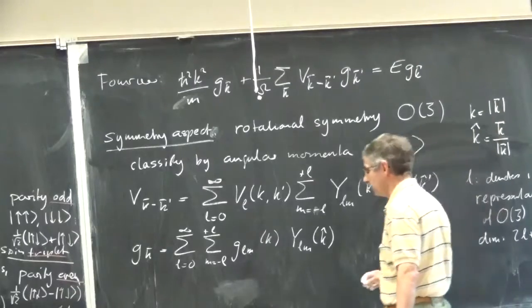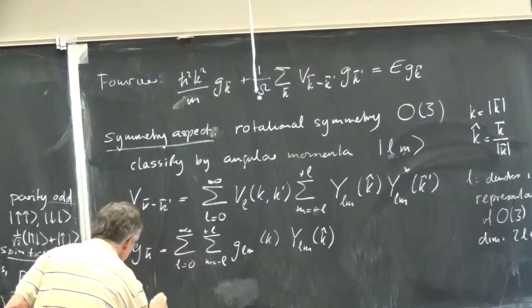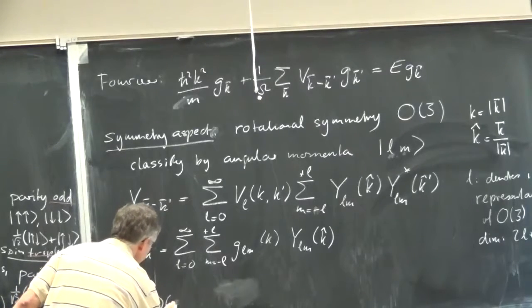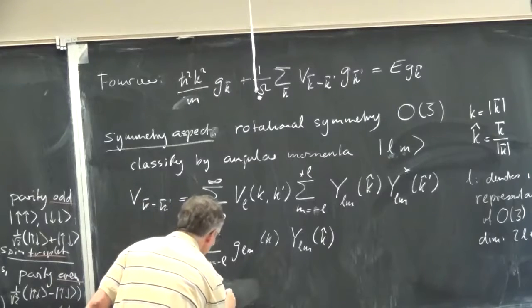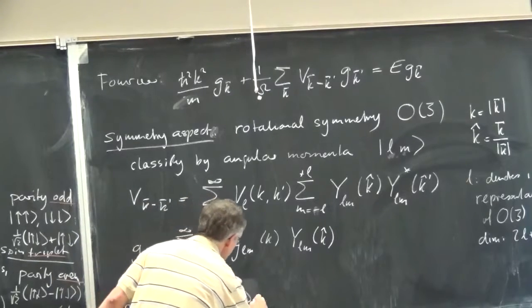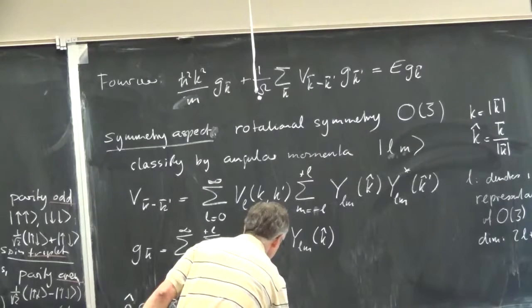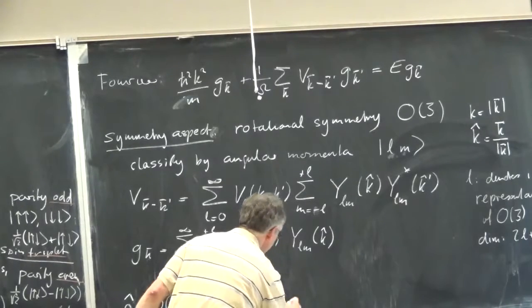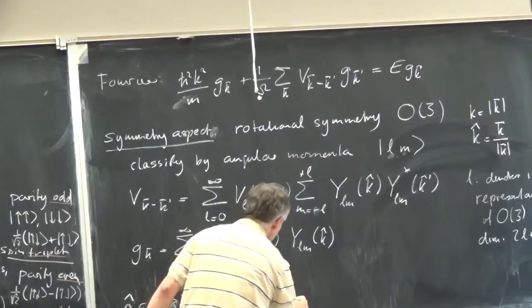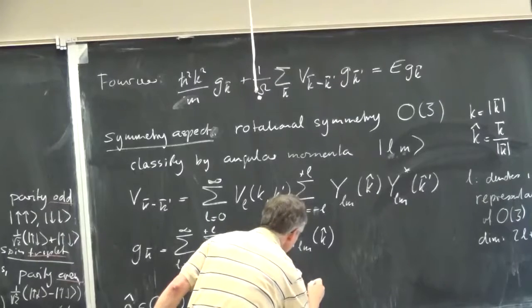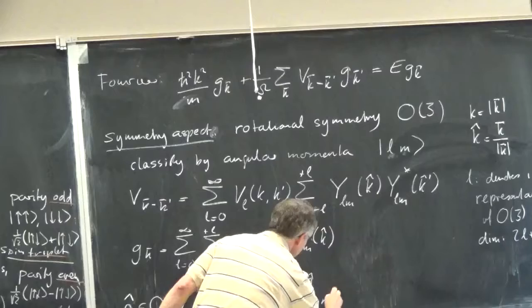So if I have a rotation, g hat here is an element of O3, and I apply this to such a state here, then I generally get just a superposition of all m's, lambda of g hat, m prime.